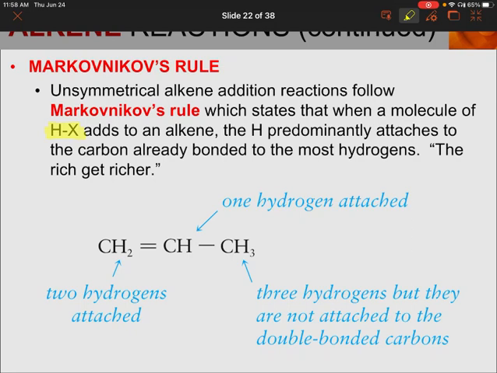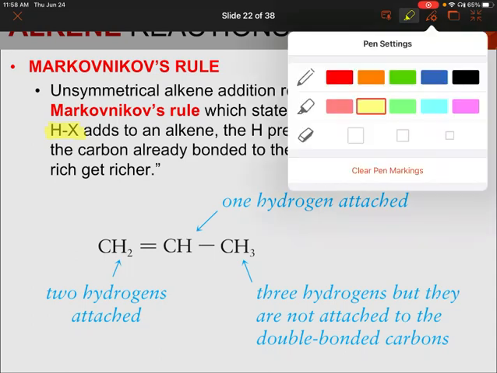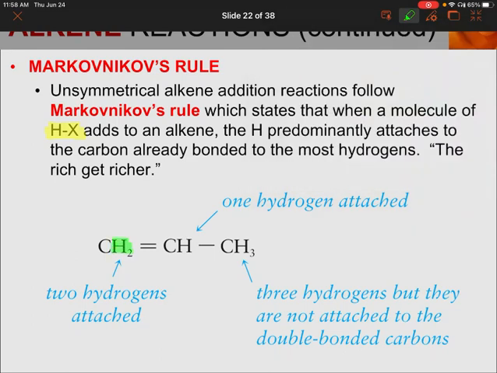So for instance, looking down below, we have an unsymmetrical alkene. One side has two hydrogens, the other side has a hydrogen and a methyl group, right?